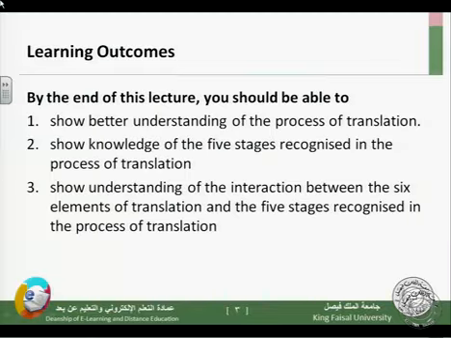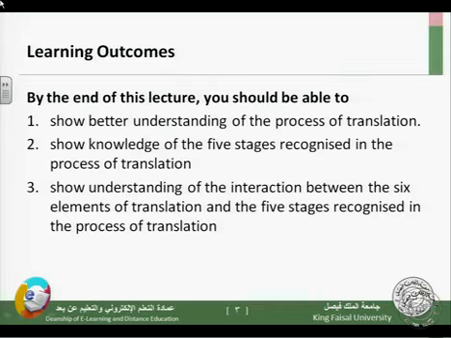Now, as usual, let's go through the learning outcomes. It's very important to make sure that you come out of this class with clear objectives, with achievements of the purpose of this lecture. You need to show some kind of understanding of the process of translation, and you should show knowledge of the 5 stages recognized in the process of translation.